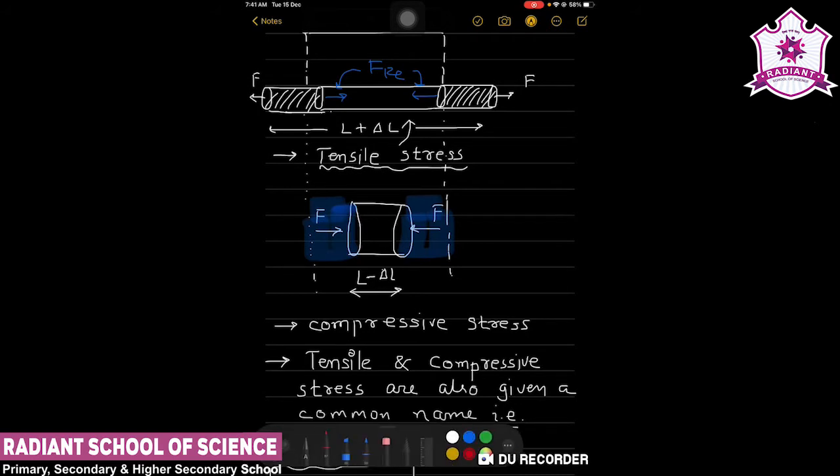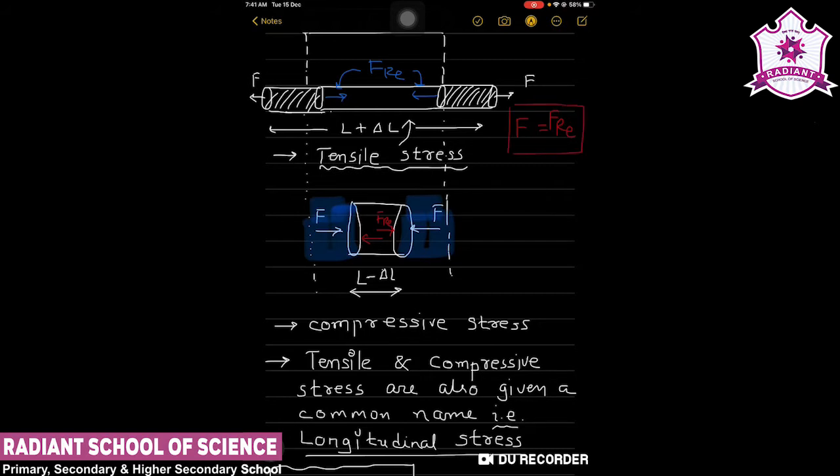So here, in each case, we can say that suppose here this is F external, then F restoring is acting inside of the object, that is in the opposite direction. Here also, if this F external is compressive, then the restoring force is again in the opposite direction to the substance, that I have shown with the red arrow.